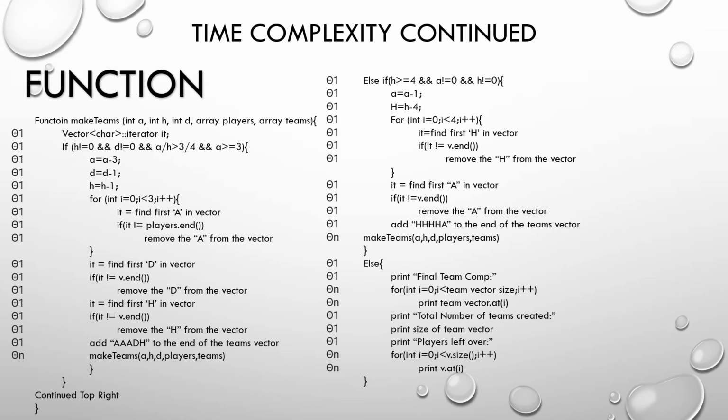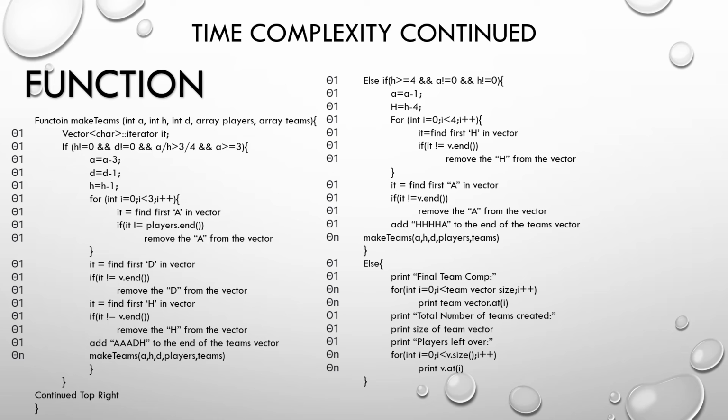And then we have our else statement, so we have a theta 1 for printing the team comp part, and then theta n for printing the actual contents inside of the vector, since it's based on the vector size, which is n. And then we have the print part below that, which is theta n, because anything inside of the for loop is theta n.